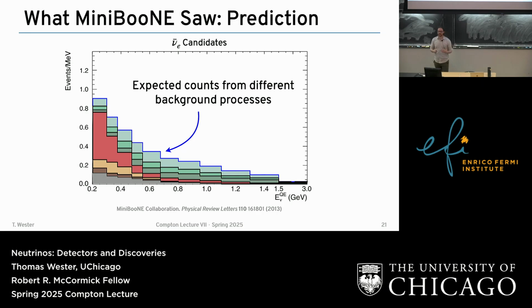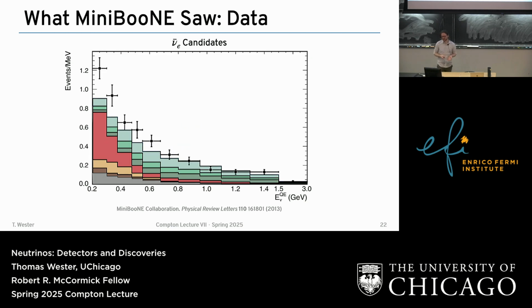The idea here is that you're going to look for data on top of all these different sources of background that MiniBooNE identified. So what does the MiniBooNE data look like? It looks like this. So not a very good fit to what they expected. In particular, as you go lower and lower in energy, you start to get a bigger difference between what you expect and the data points. So this is also pretty troubling, given the context of the LSND experiment.